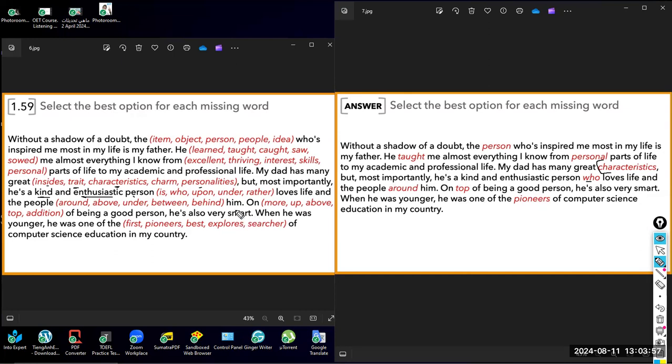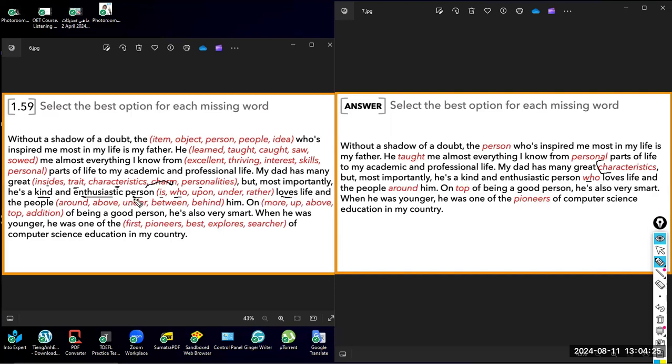So notice again, I have the relative pronoun, which is who. Because I'm talking about a person, I have to say who. So, who loves life and the people? Absolutely, I cannot say person is loves. It's impossible to use the verb to be with a main verb plus s, like loves.